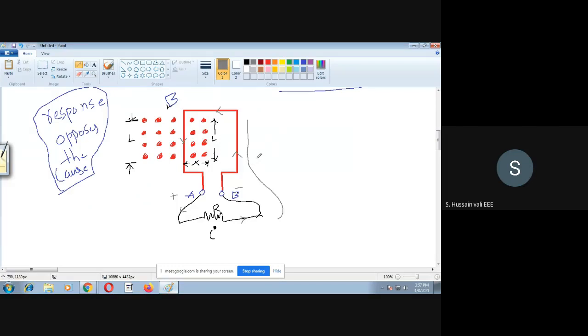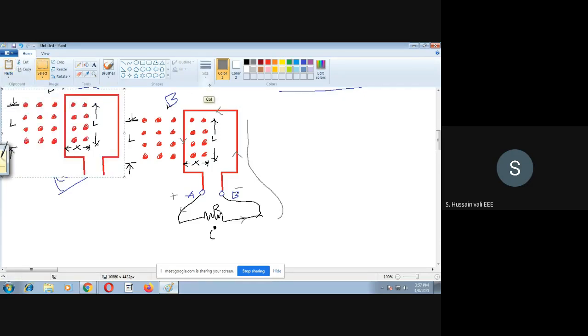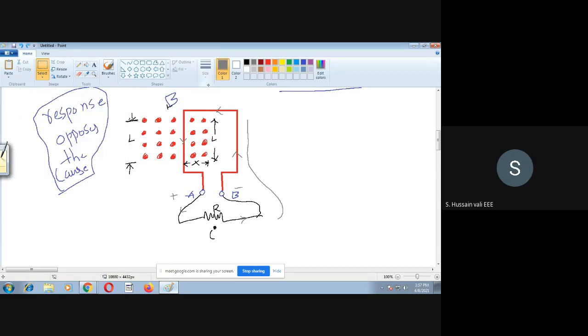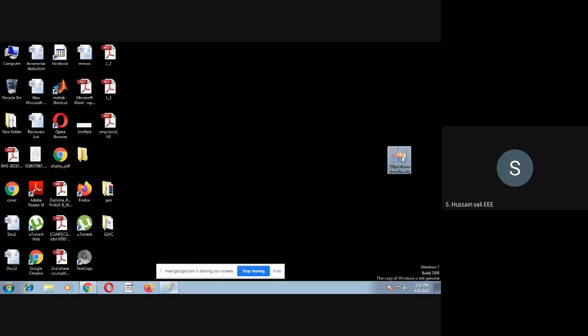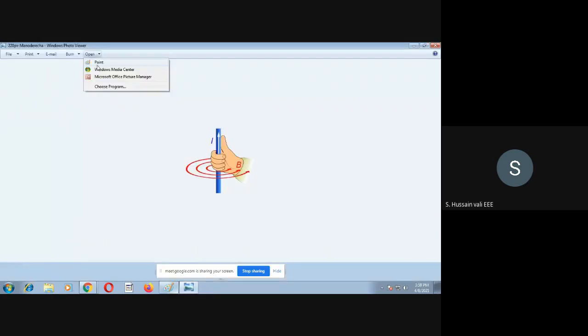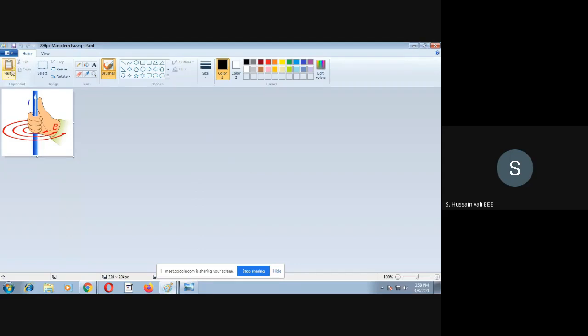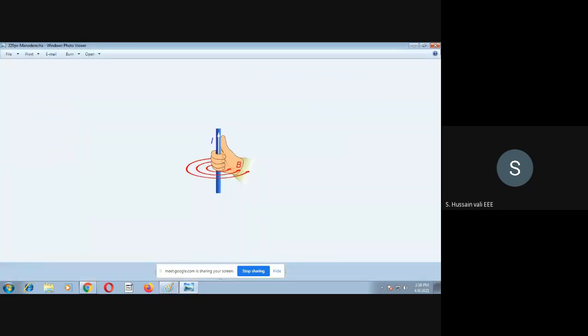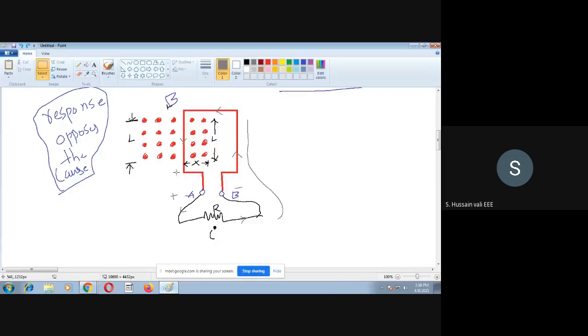The thumb rule says that when some current is flowing in the conductor, the direction of the flux follows. Just I will show you here.